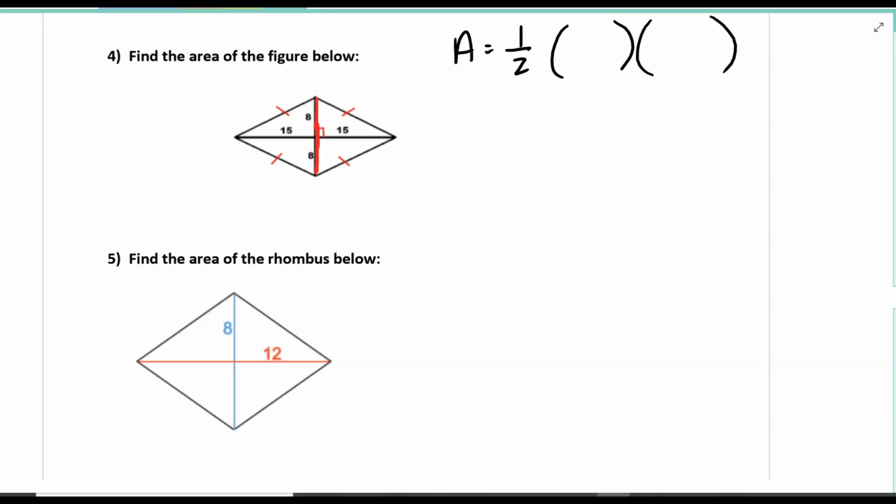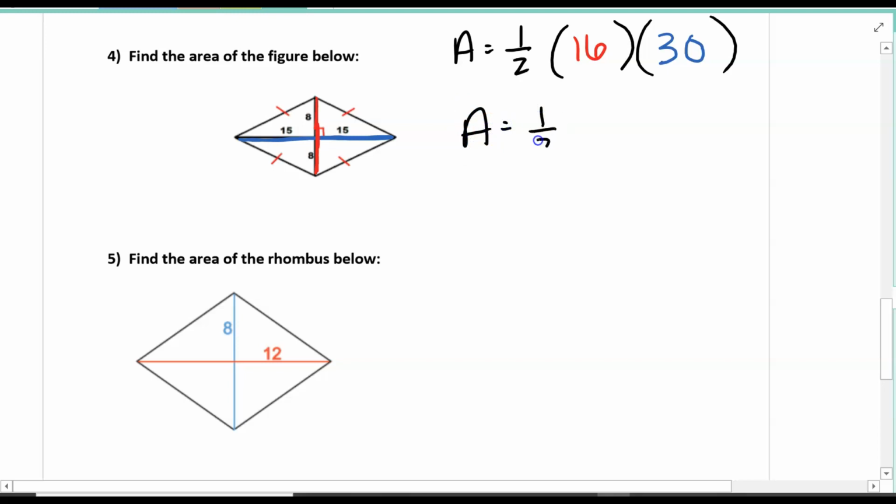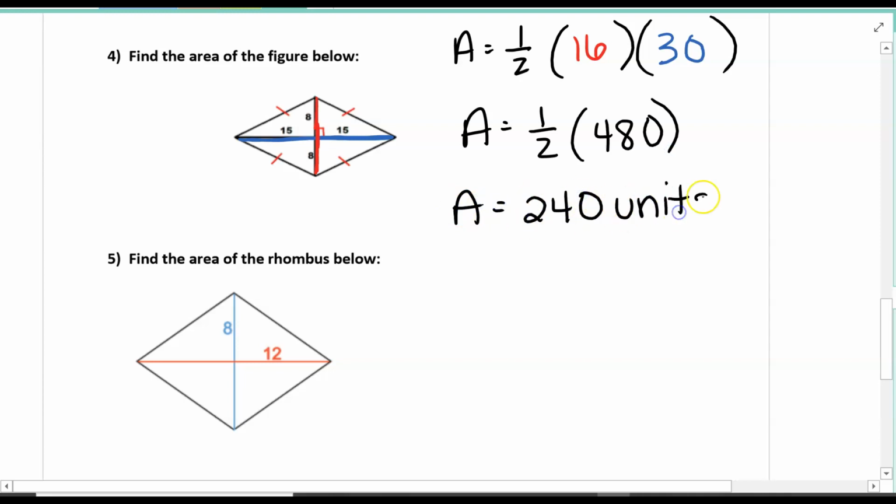So I have one diagonal consisting of 8 and 8, making that 16. The other diagonal consists of 15 and 15, making it 30. So I have 1/2 times 480. And when I cut 480 in half, I have an area of 240 units squared.